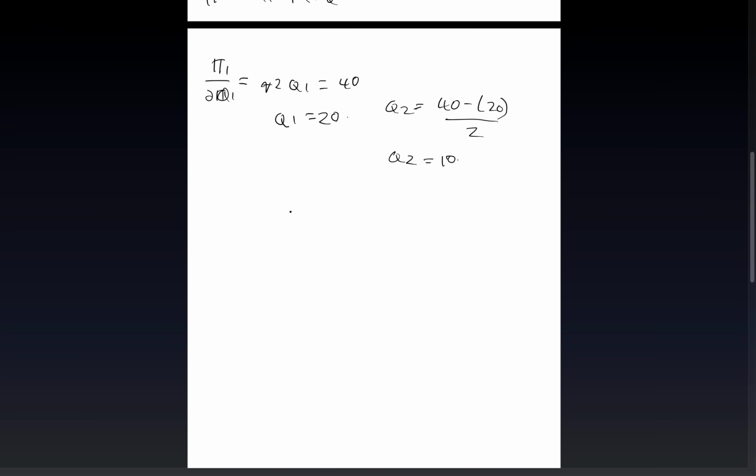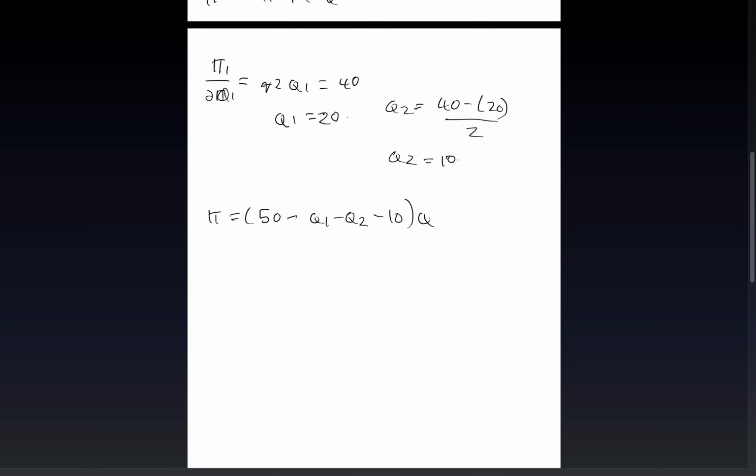What we can do now is work out the profit that each one receives. The profit function from earlier is just 50 minus Q1 minus Q2 minus 10, which is the MC, times the respective quantity, Q1 or Q2.